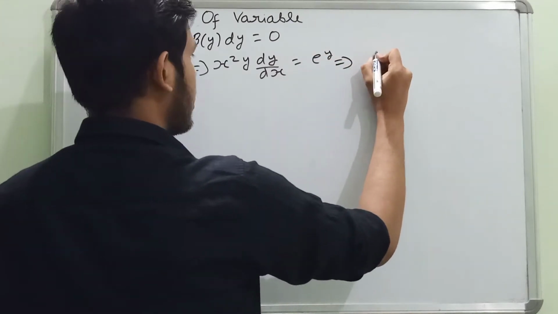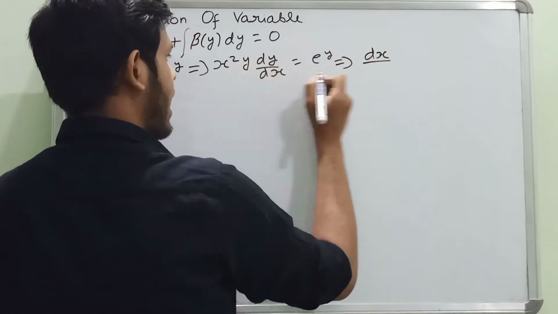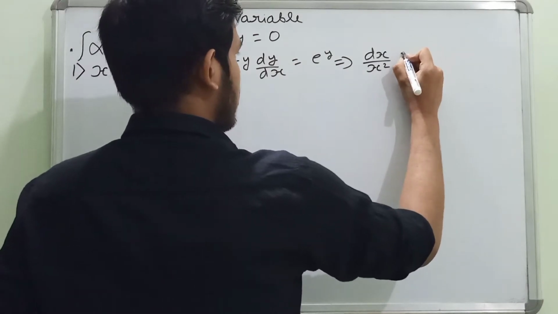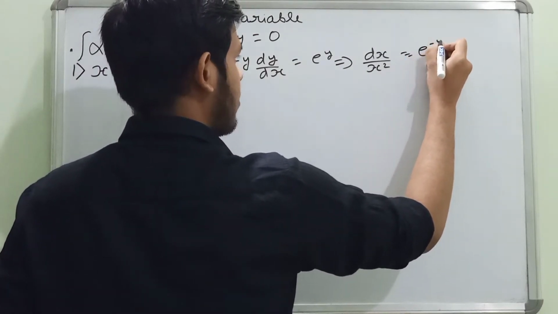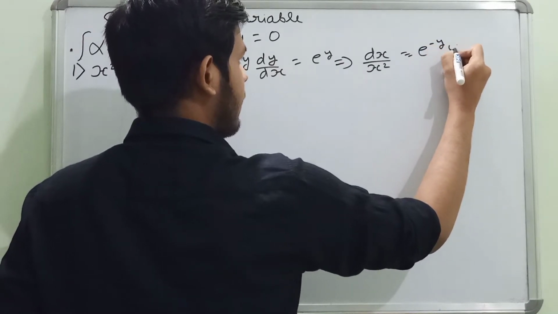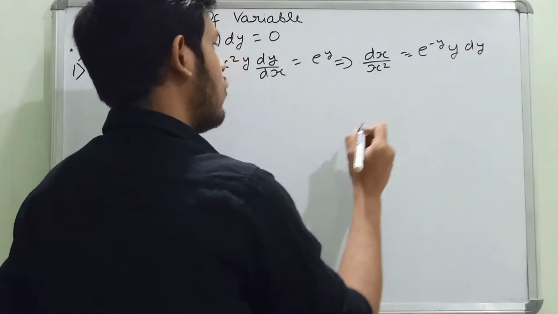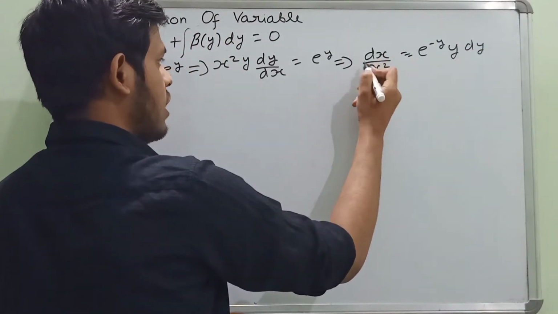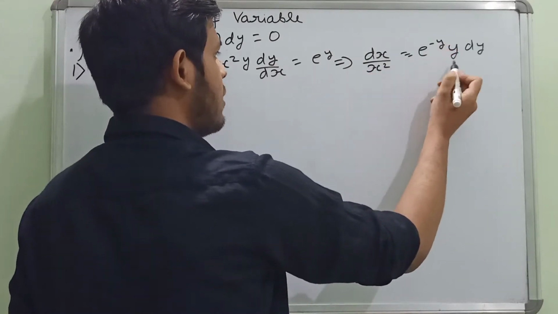So it will become dx upon x square equals e to the power minus y dy. So we have formed an x variable function with dx in the product and a y variable function in product with dy.